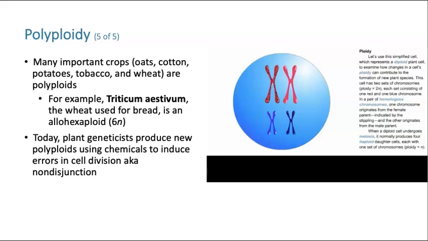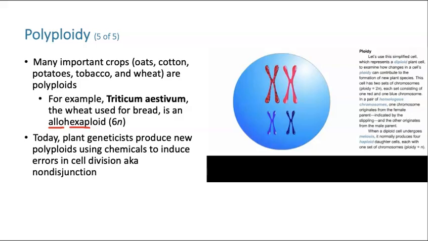Now, allo, what does that refer to? You're using the word allo there, you're saying that 2 different species have come together. And you're saying hexaploid, that means it's 6N. So it's not 2N or 4N, it's actually 6N. And the way that evolved is very interesting.